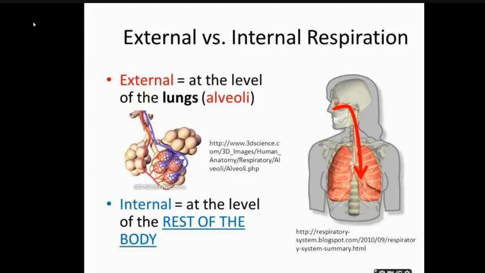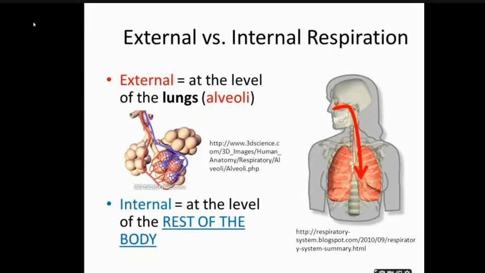Next we learn about internal respiration. Internal respiration is a chemical process. It serves the actual purpose of using the oxygen inside the body, which is the oxidation of food. Internal respiration takes place within the cell.